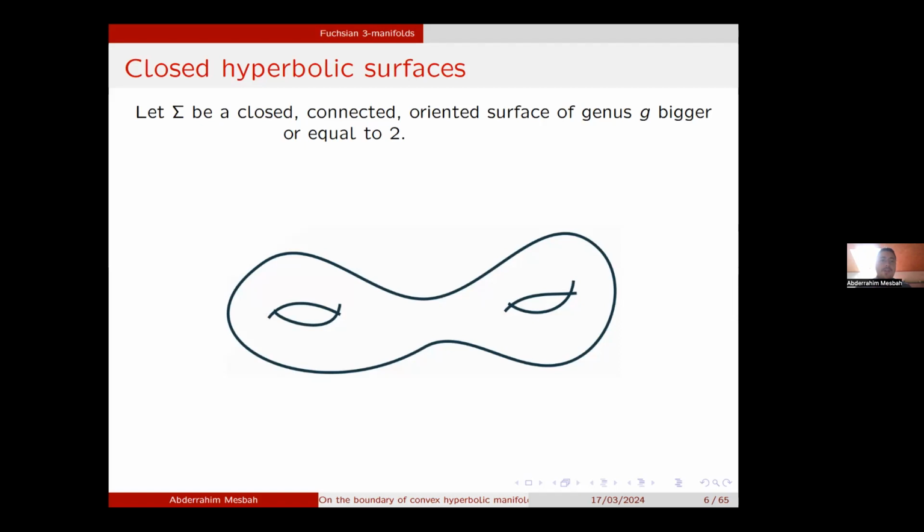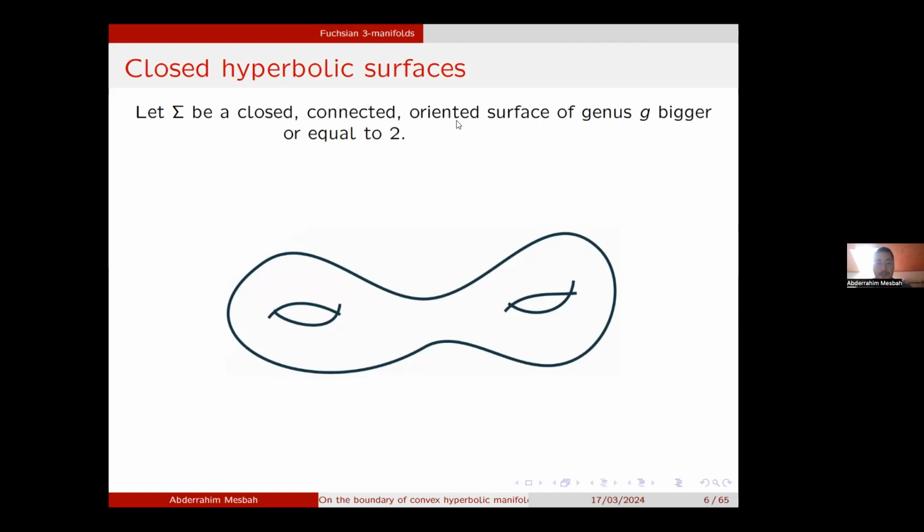So first, we start by taking Sigma to be a closed, connected, oriented surface of genus bigger or equal to 2. Just as a reminder, we have a full classification of closed, connected, oriented surfaces. They are the torus, the surfaces that have genus bigger or equal to 2, and the sphere.